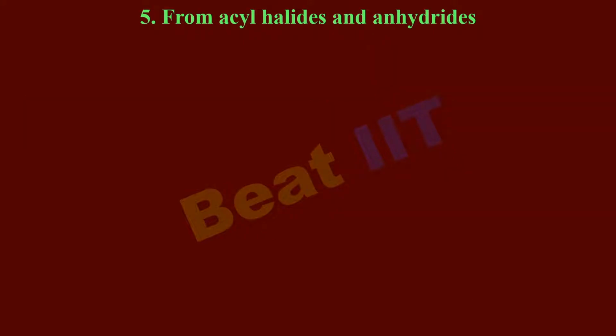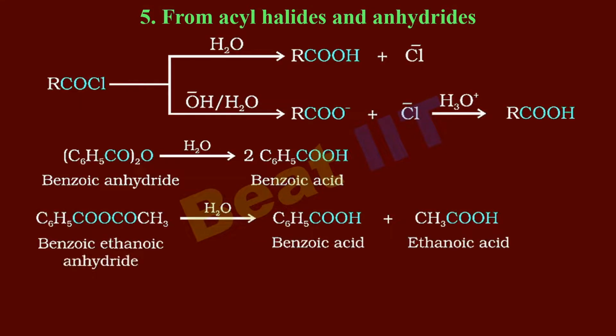Next one, from acyl halides and anhydrides. In this case, it is the acyl group which is important. If the compound has an acyl group, this reaction will work. Both acyl halides and anhydrides have acyl groups. These are a few examples. This is an acyl group, so this is acyl chloride.